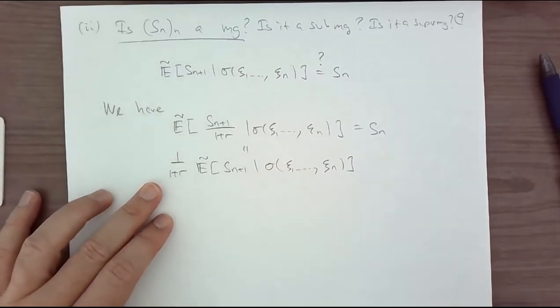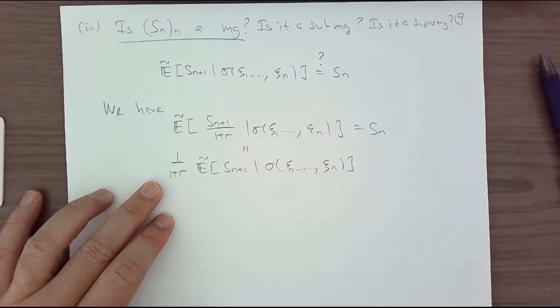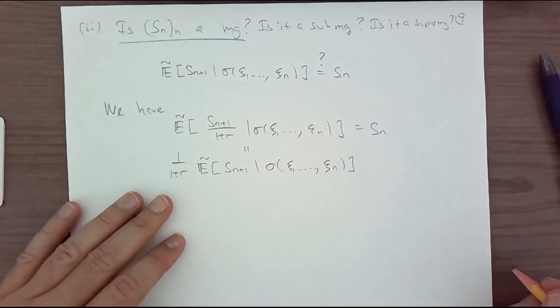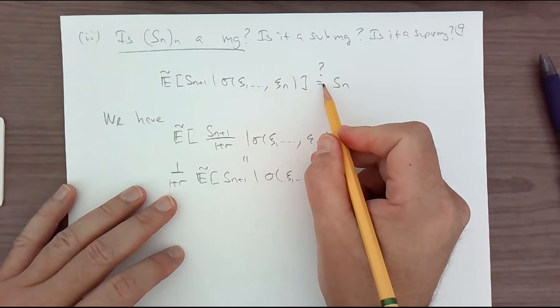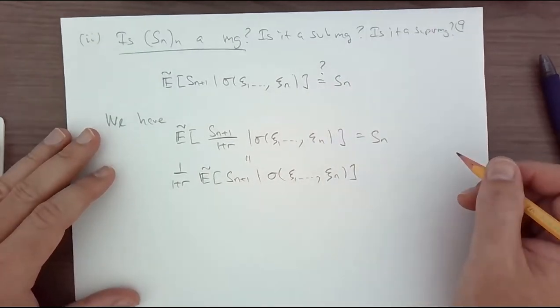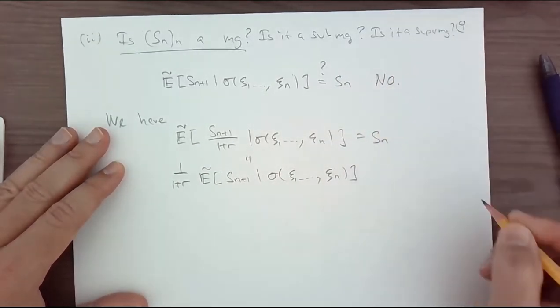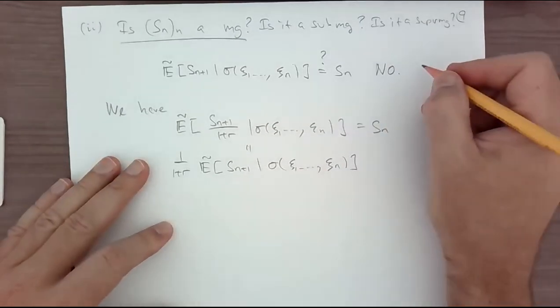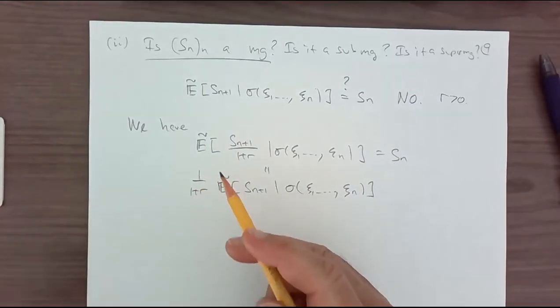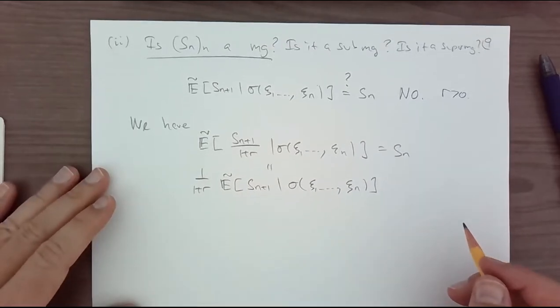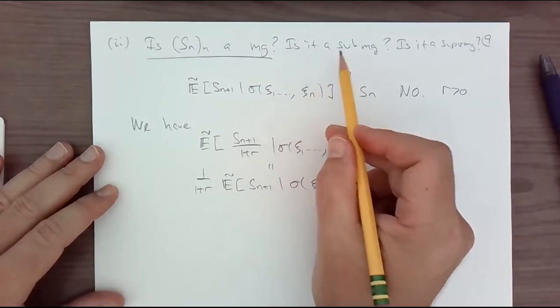And we're given in the problem that r is strictly positive. So this one here is not true. Because r is strictly positive, when I divide by 1 plus r, I'm going to get something that is less.